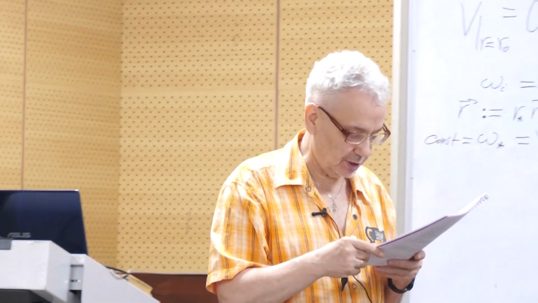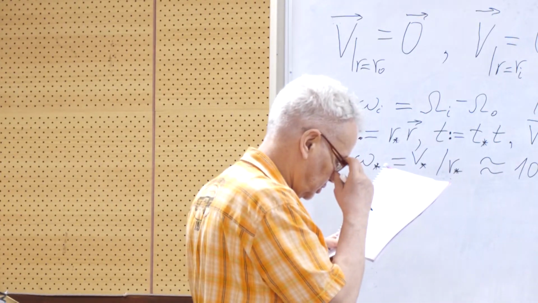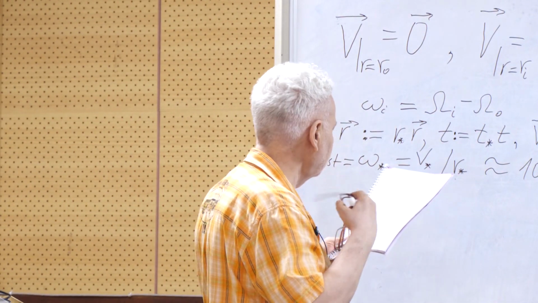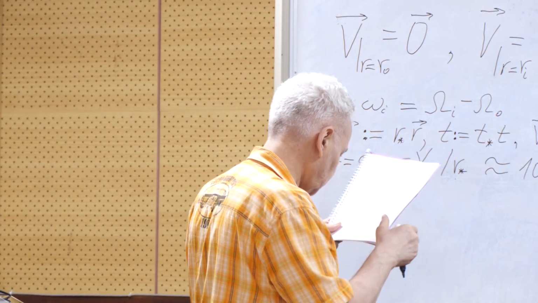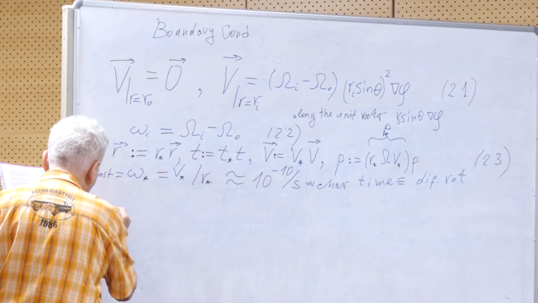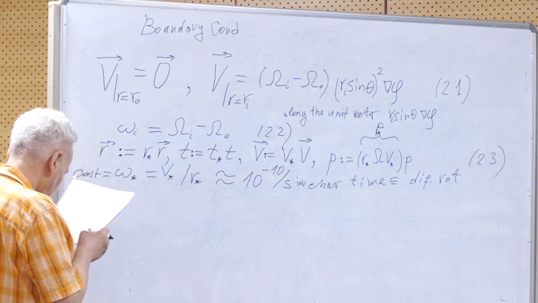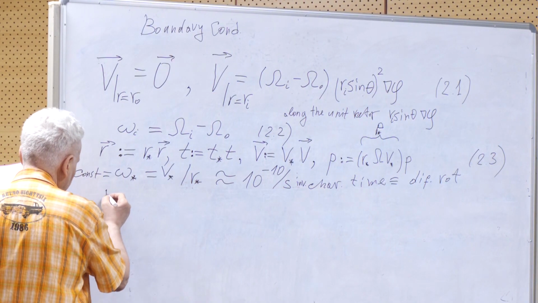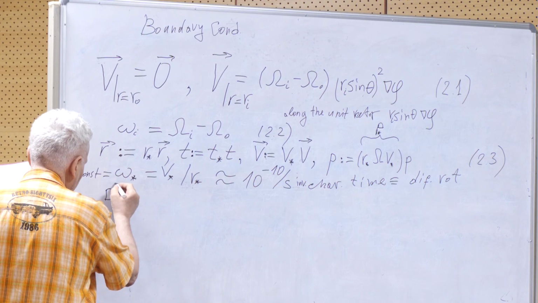So let's write it down and comment. When I write it down, I will comment on it. So first of all, we collect all the small parts in epsilon, which will be the Rossby number, which we consider later.